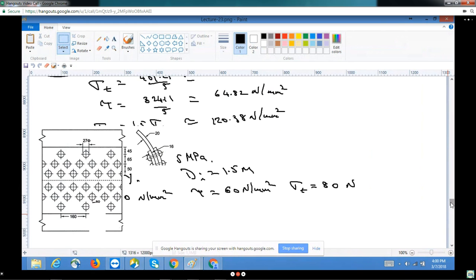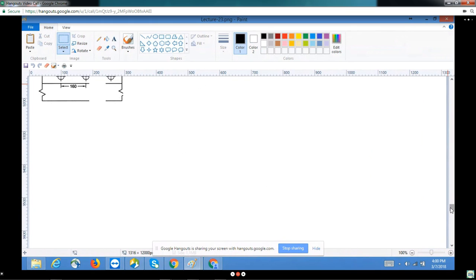So the first thing is, let us decide the thickness of the shell.